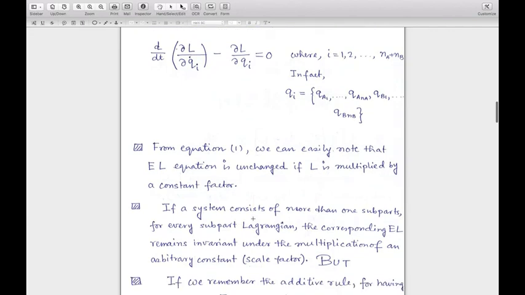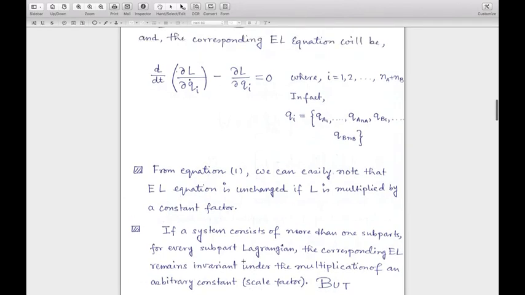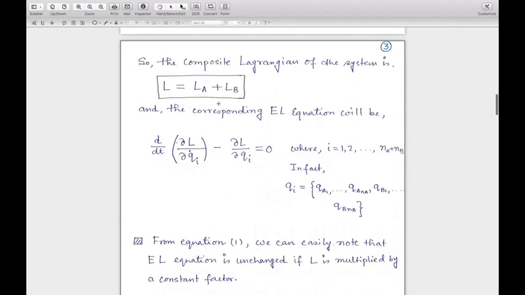So if a system consists of more than one subpart, for every subpart Lagrangian, the corresponding EL remains invariant under the multiplication of an arbitrary constant, right? So that's why there is no prior restriction by which one can say L cannot be equal to αLA plus βLB.